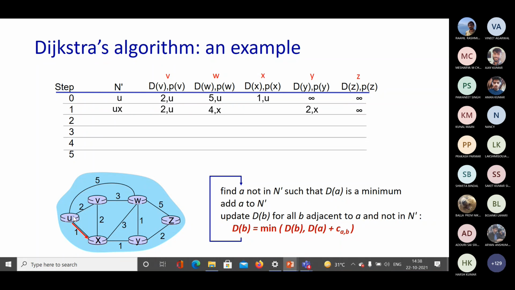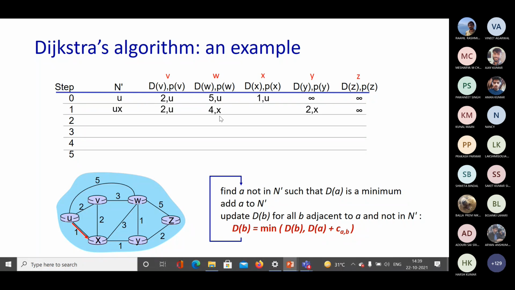You can go from U to V either directly, or, because you are traveling until X, you can move from X to V. Using the formula that we have, D(V) equals the minimum of D(V) comma D(X) plus C(X,V), you will find that if you go from U to X and X to V, it will cost you 3, and if you go directly from U to V, it costs you 2. So of course you take the minimum, 2 comma U.